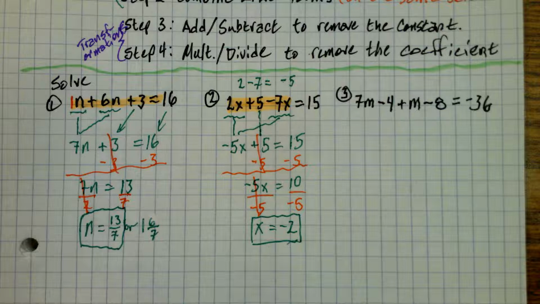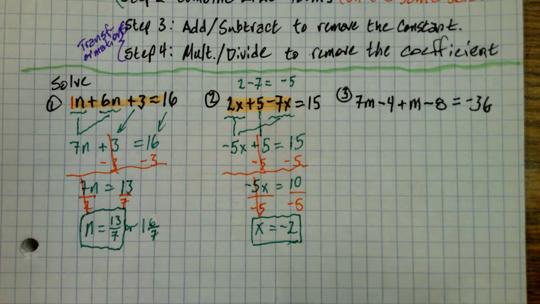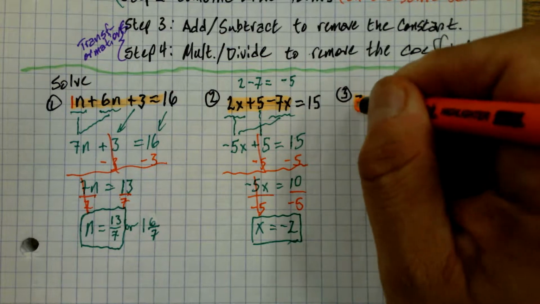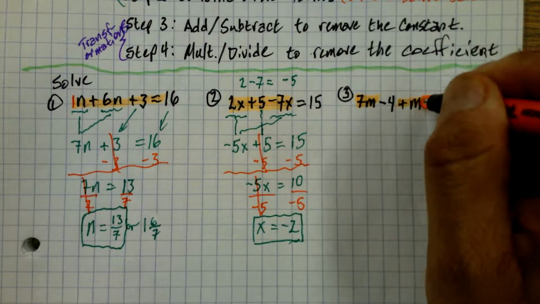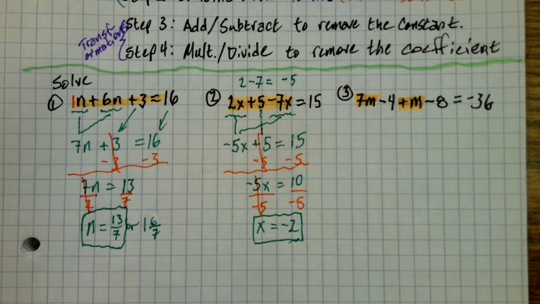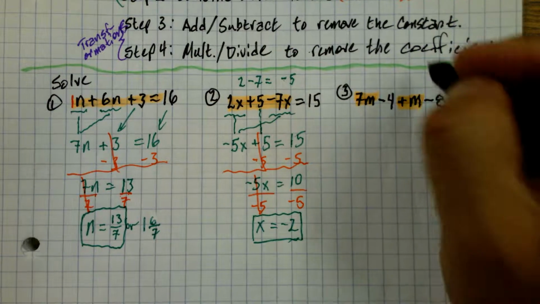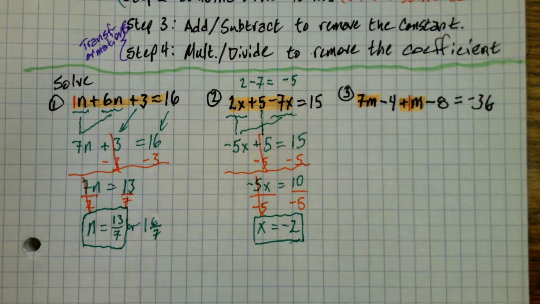M's go with m's, and constant numbers go with constant numbers. In this case, I have to combine two separate things. 7m with m. And remember, what number do I put in front of the m if it's just m? 1. To remind me it's 1m.